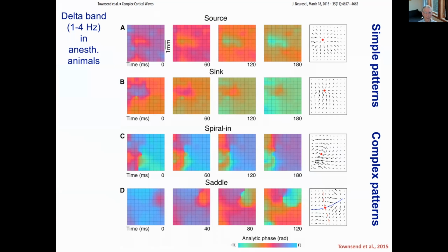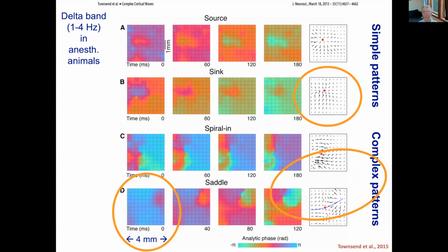But they again put a grid on the cortex, and they looked at the spatiotemporal dynamics of the local field potential. And sure enough, they again saw these dynamic patterns, this rippling out, or sometimes rippling in, or other patterns, whirls and saddle bifurcations and so on, and showed that they had a systematic relationship also to spiking activity.